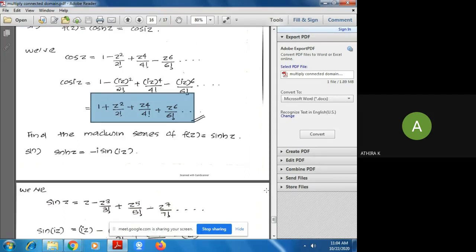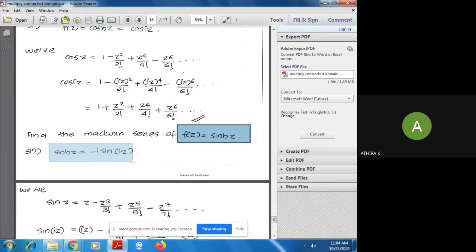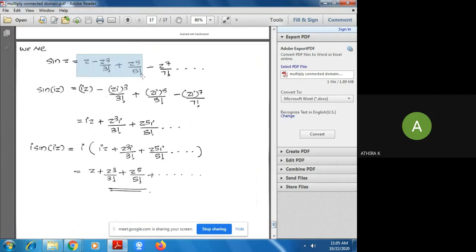Okay. Now move to another problem. Find the Maclaurin series of f of z is equal to sin hz. Here also we know that sin hz is equal to minus i sin iz, and we have sin z is equal to z minus z cube by 3 factorial plus z raised to 5 by 5 factorial minus z raised to 7 divided by 7 factorial, etc. So, instead of z, we substitute iz.